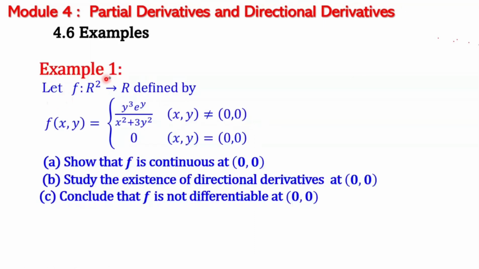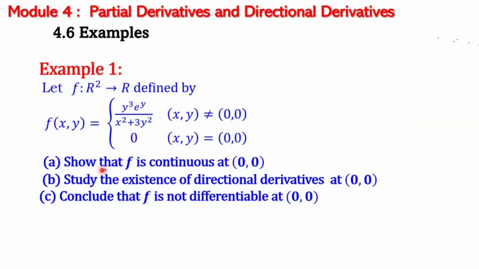So we have our first example, where we are given a function f from R2 to R, defined in two parts. When the point is not equal to (0,0), that is, except the origin, it is given by this expression, and at the origin (0,0) the function is 0.